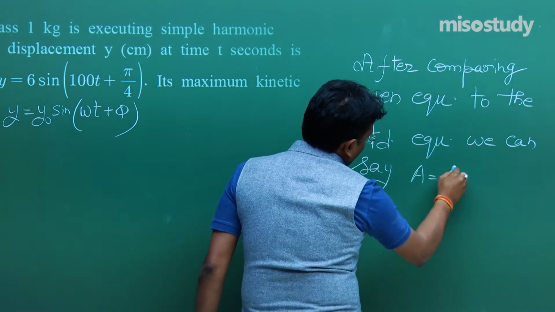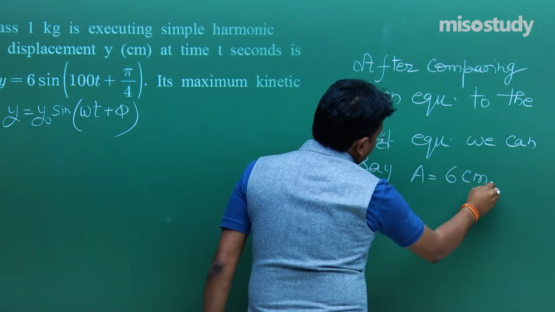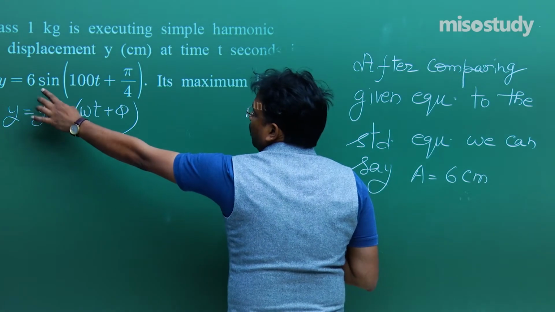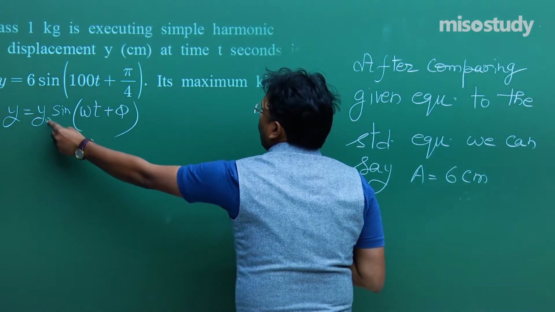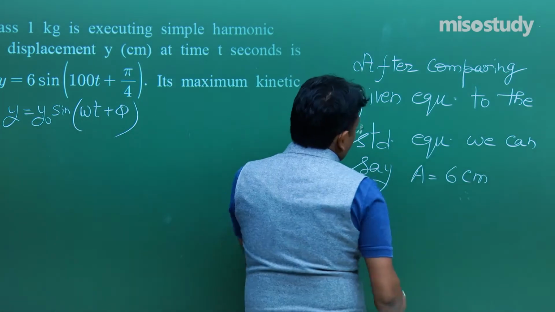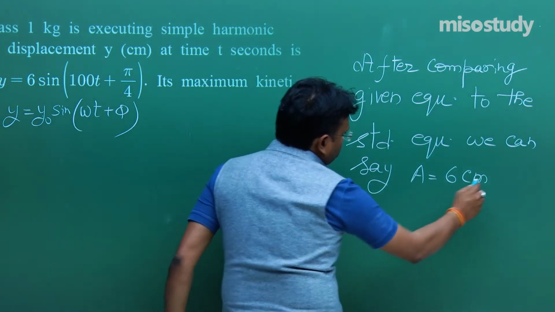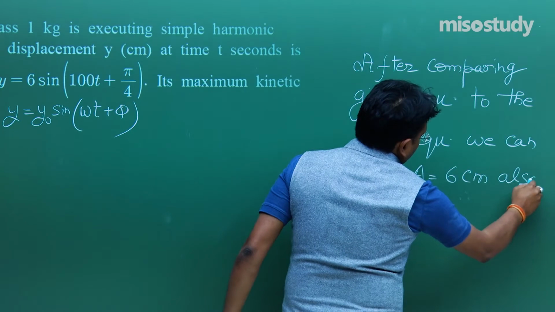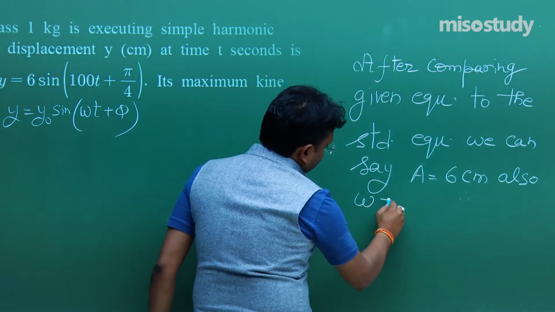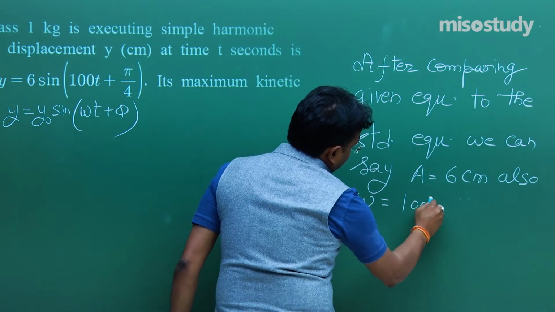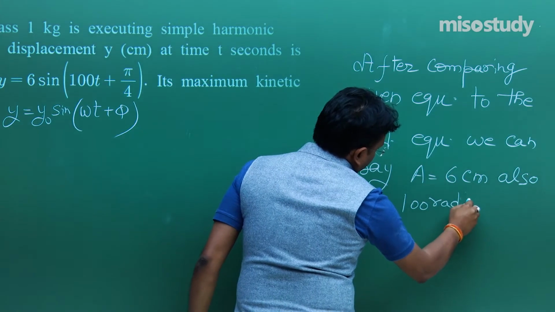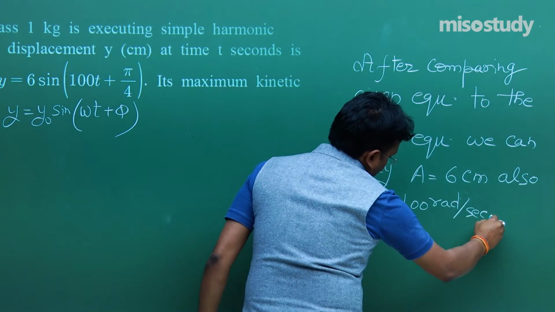A is equal to 6 centimeter. A means this amplitude which I mentioned, y naught in general terms. Fine. So, A is equal to 6 centimeter. Also, omega is equal to 100 radian per second.